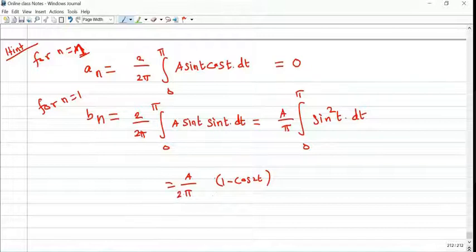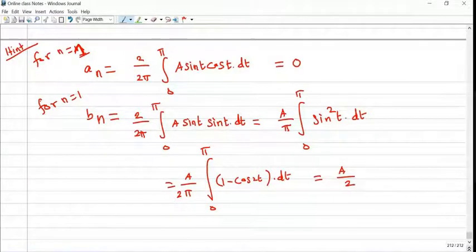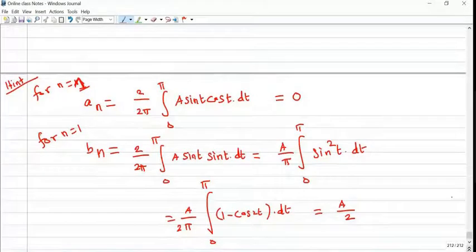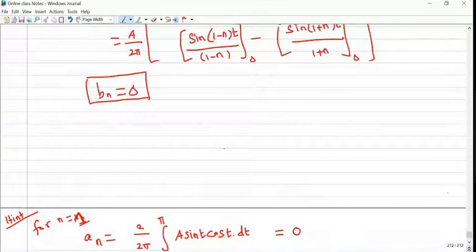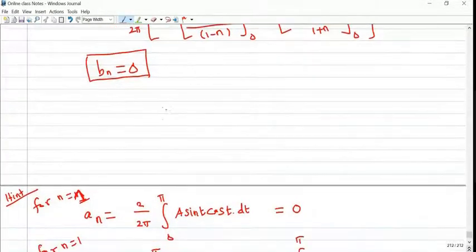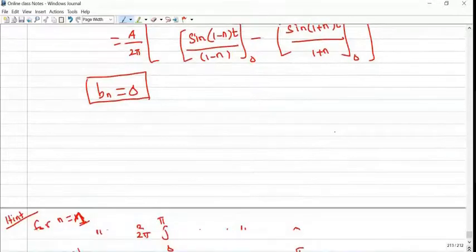So that 2 you take outside, 0 to pi, dt. So for B1 you will get nearly A by 2. So this is optional only. Apart from A naught, An and Bn, you try to calculate n equal to 1: what is the Bn value, and what is the An value?